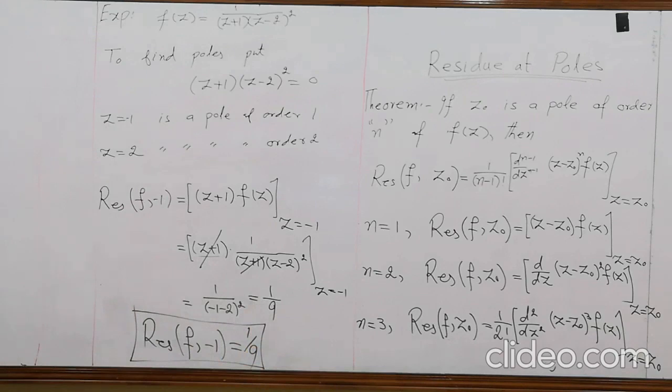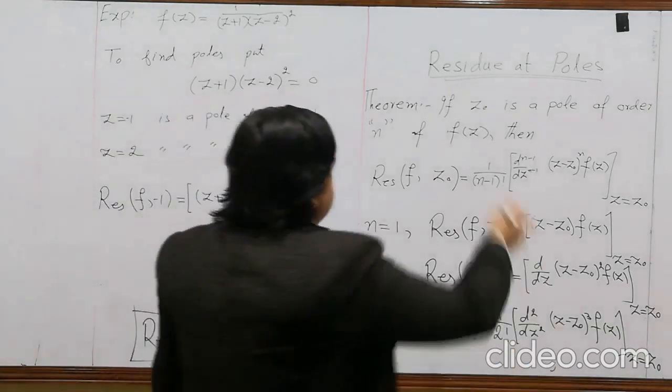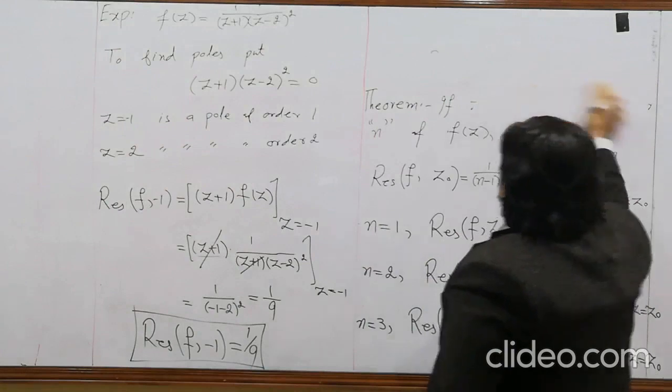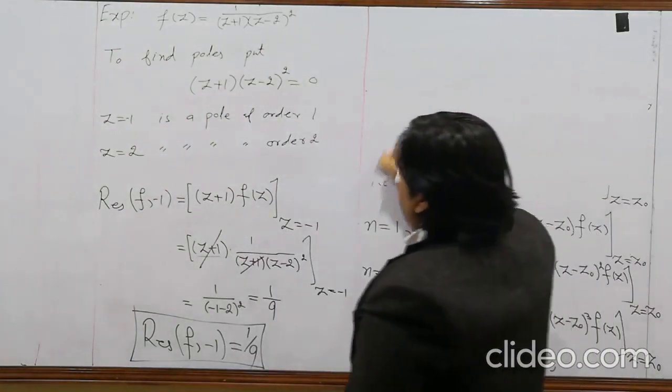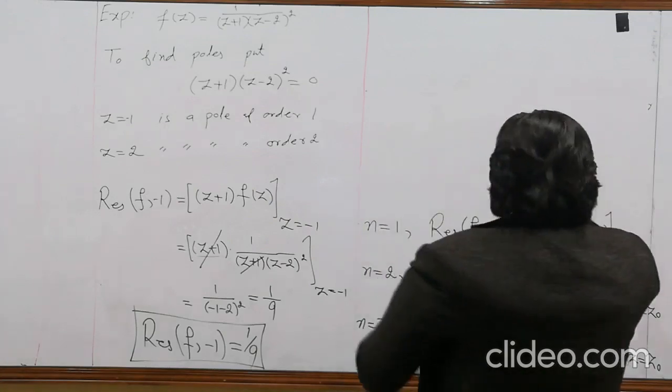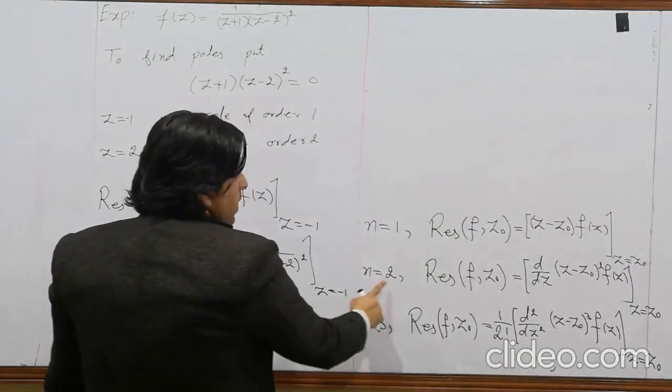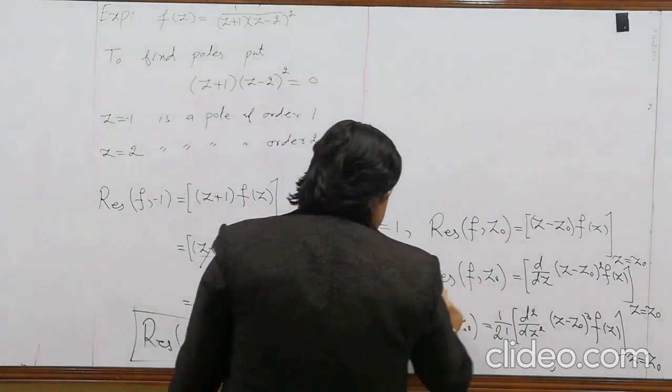And now we have to find the residue at the other point. So the other point is z is equal to 2. To find it, we can see that n is equal to 2, so we have to use this formula.